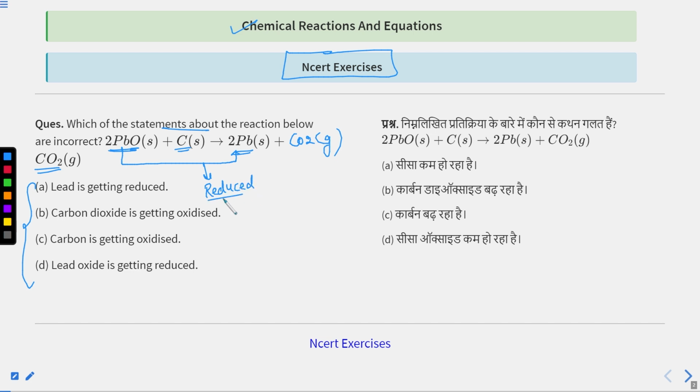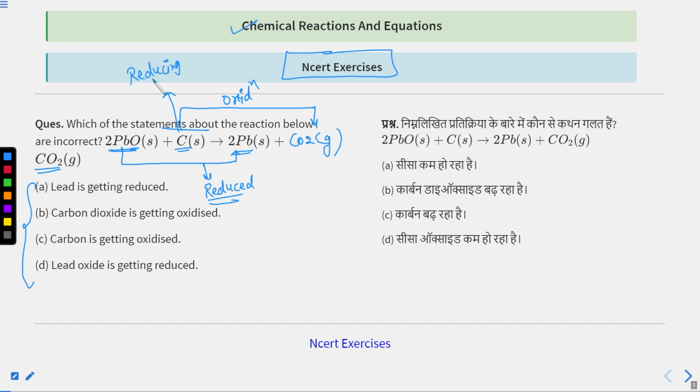Reduced by what? Reduced by carbon, because carbon is converting itself into CO2. It means carbon is getting oxidized. If carbon is getting oxidized, it oxidizes itself and reduces others, which is known as a reducing agent. So carbon is acting as a reducing agent.